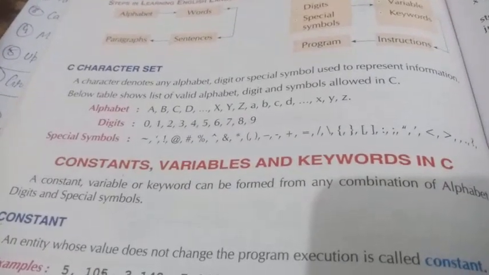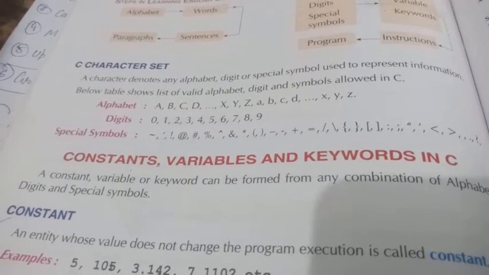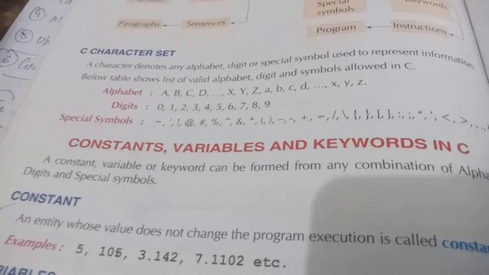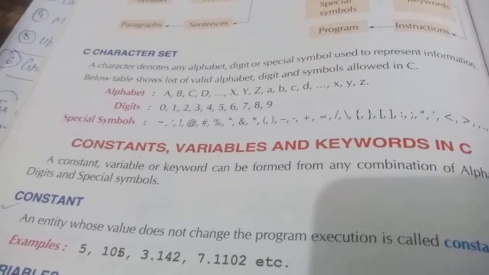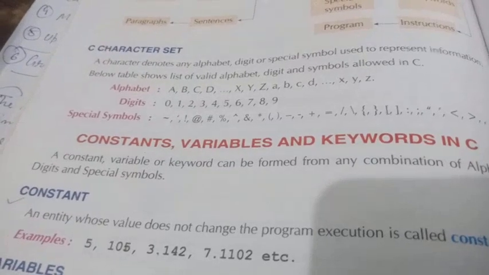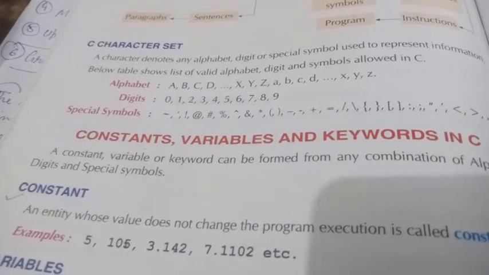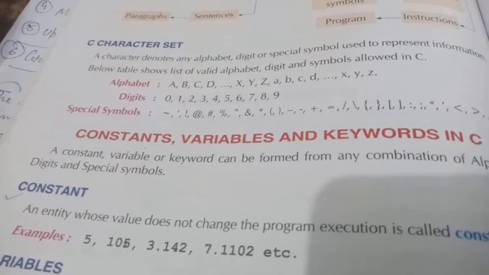So here we will talk about the C character set. A character denotes any alphabet, digit, or special symbol used to represent information. The below table shows a list of valid alphabets. So the C character set has three types: alphabets, digits, and special symbols.